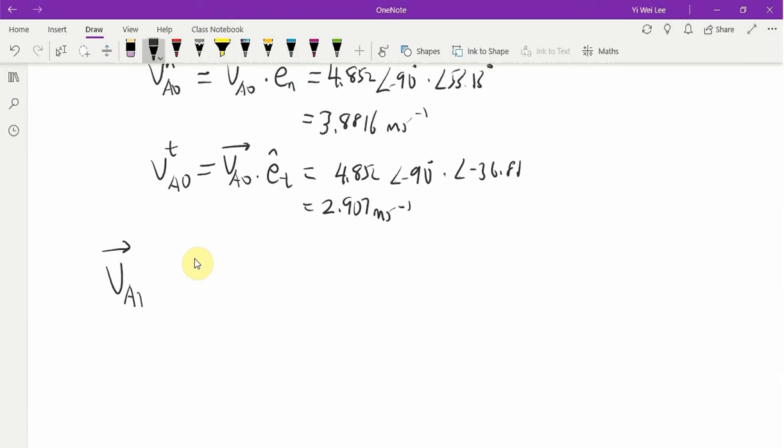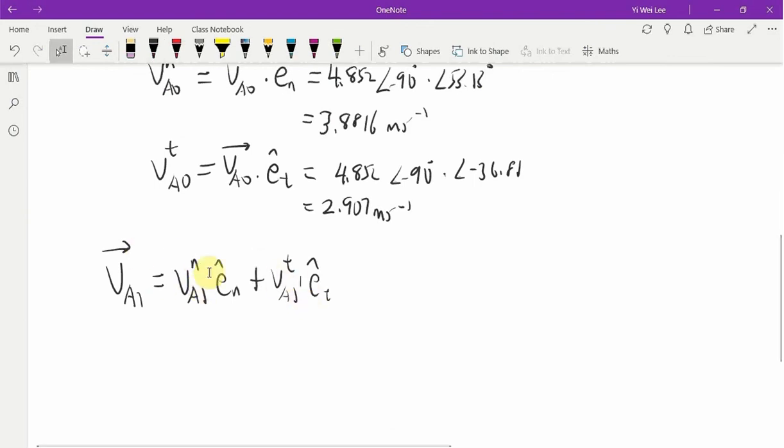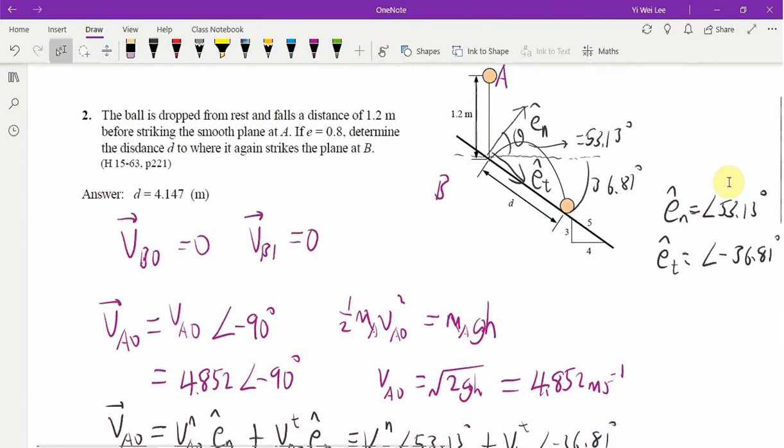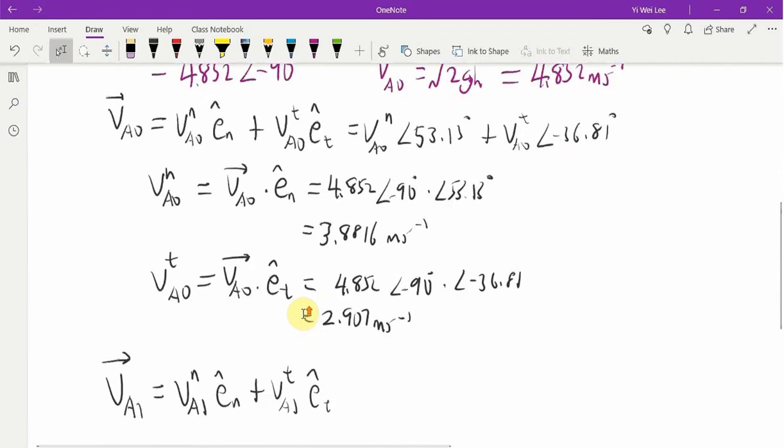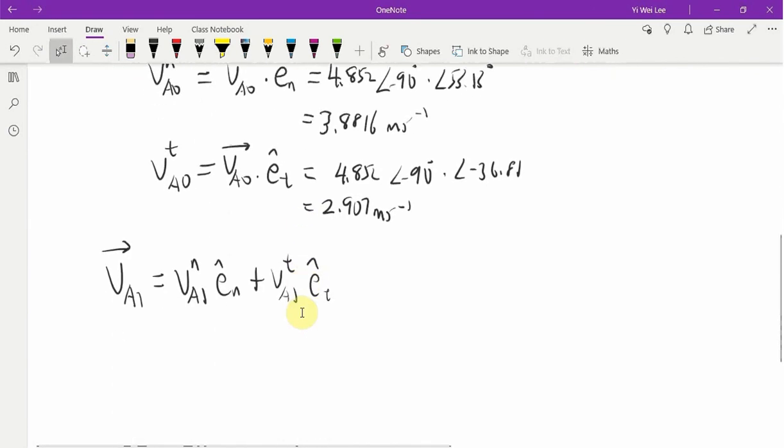VA1, which is the velocity of the particle after collision, we can resolve into a direction perpendicular to the collision plane, and another direction tangential to, which is parallel to, the collision plane. However, it is impossible for us to find these numbers in the meantime because of the limited information we have. So let's take a look at what information we have now.